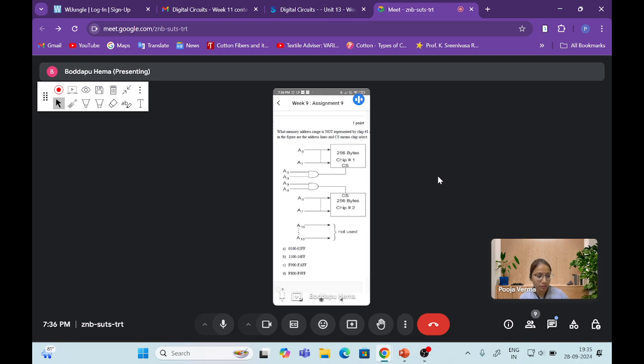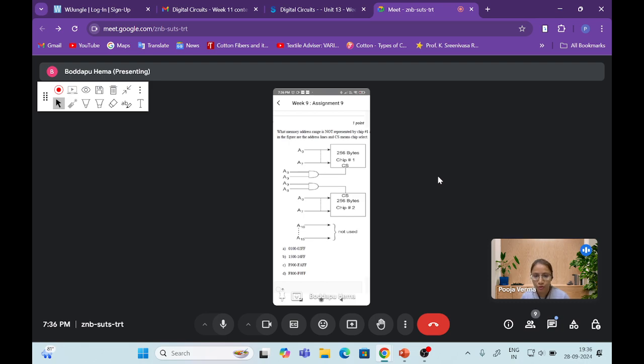Okay, ma'am, I'll see if there is any problem. I think the range that can be represented by chip 1 and chip 2 is 0600 to 06FF, and all other ranges cannot be, because A10 to A15 is not used. So which range will not be used for this?